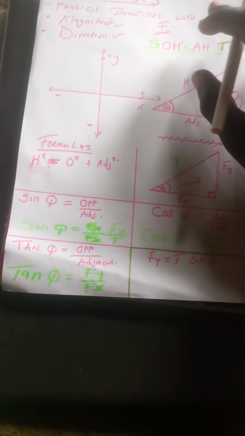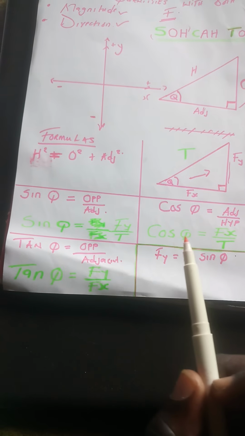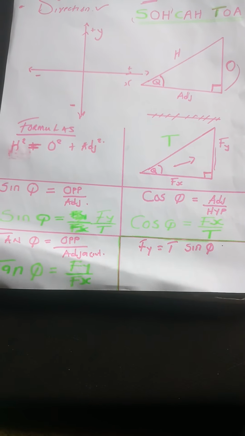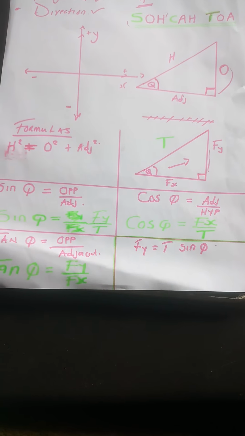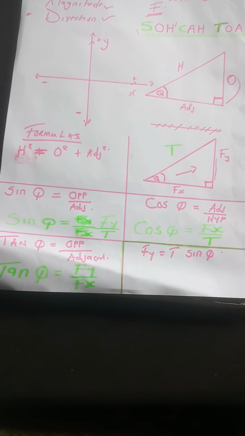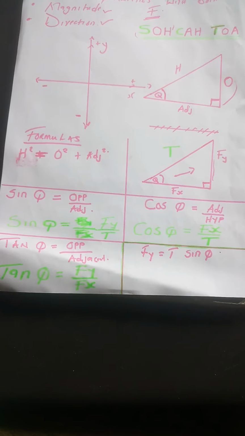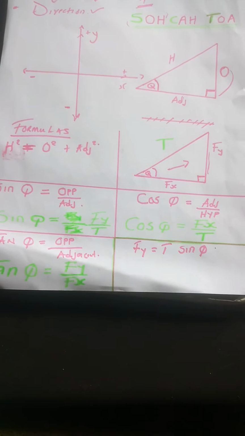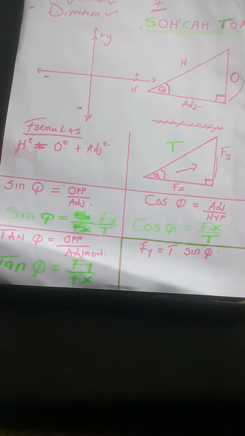Then when we come to cosine, the formula is cosine theta is equal to adjacent over hypotenuse. The adjacent is just the line on which the two angles, the angle of interest and the 90 degrees angle, lie. So basically it will be this line here, which will be the adjacent.